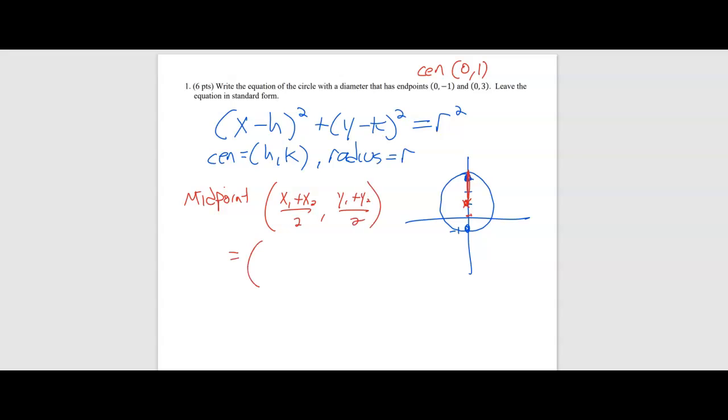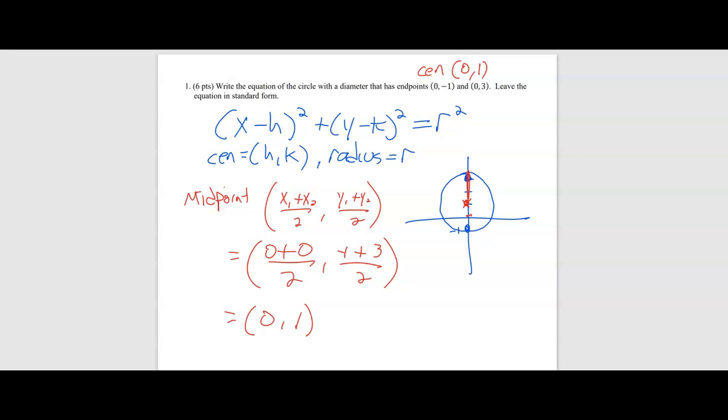So in this case, it would be x1, 0, plus x2, 0, over 2, and y1 is -1, plus y2, which is 3, over 2, and we end up with 0, and 3 minus 1 is 2, so 2 over 2, which is 1. We now have the center.